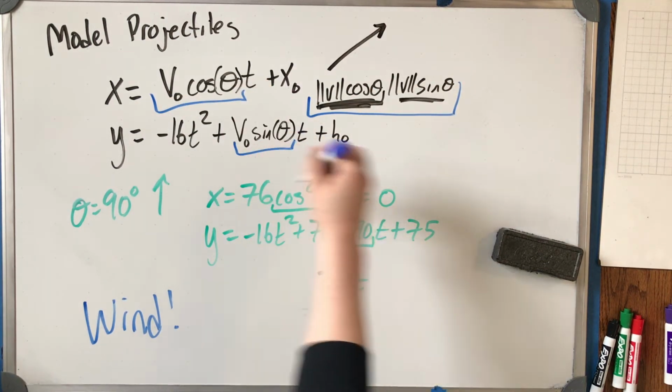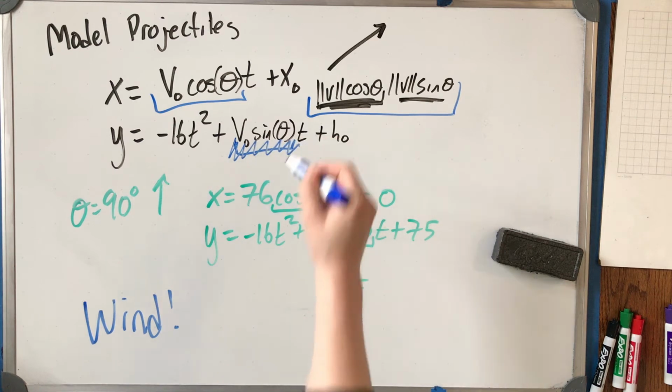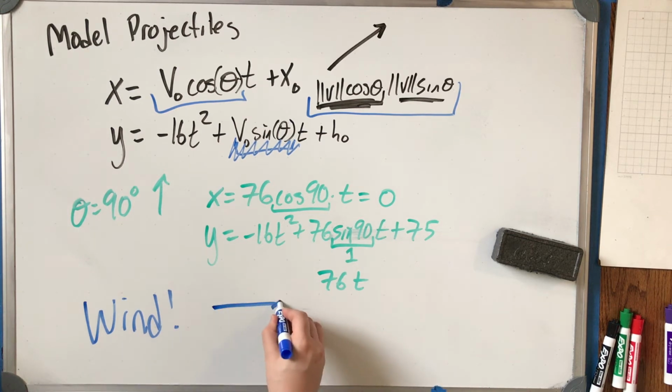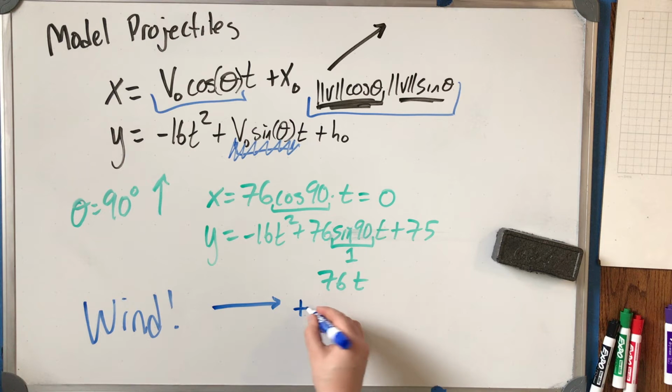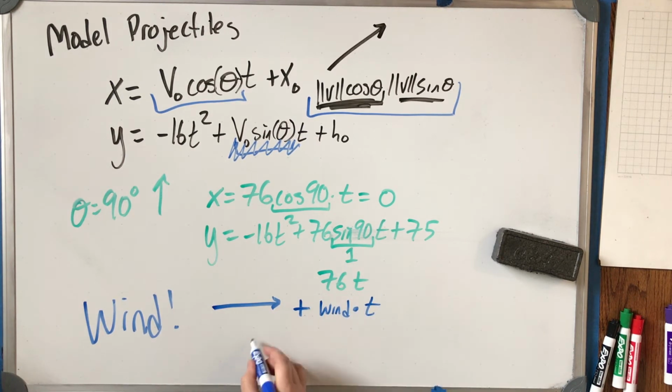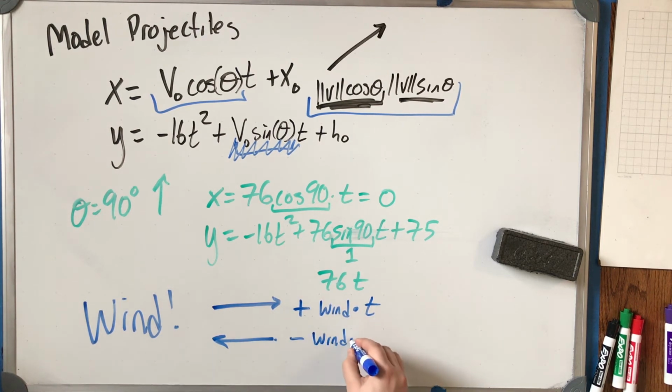And more importantly for us, we're actually never going to let it affect the y value and only horizontal direction. So when we're doing wind, it's either going to be helping the x value, which means that we would add whatever the wind speed is times t, or it will be hurting, which means that it's going in the face of the x value, which would be a minus the wind times t.